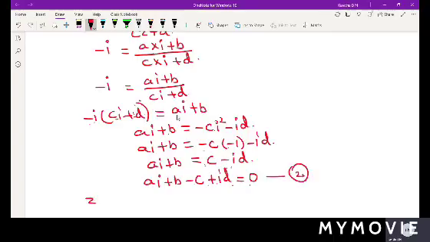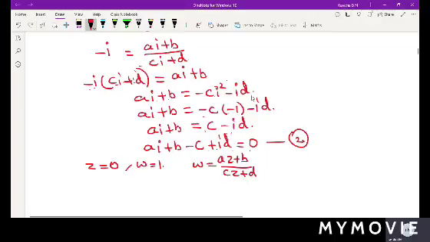Then take z is equal to 0 and w is equal to 1. Then w is equal to (az plus b) divided by (cz plus d). Then w is 1, so (a into 0 plus b) divided by (c into 0 plus d).